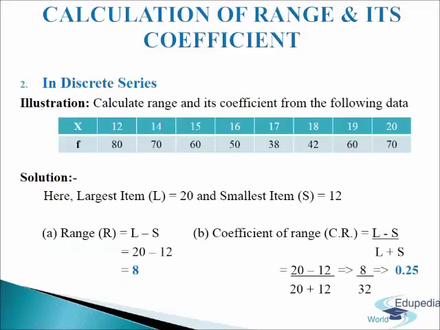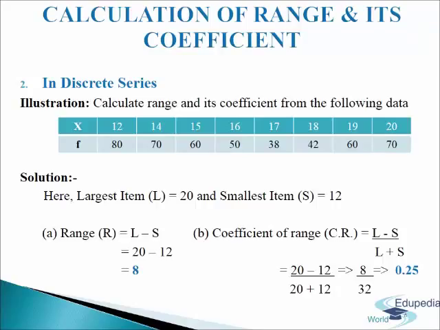Next we come to calculation of range and its coefficient in discrete series. There is a corresponding frequency given against values of variable x, x being a definite value in the series. We need to arrange the series into ascending or descending order.